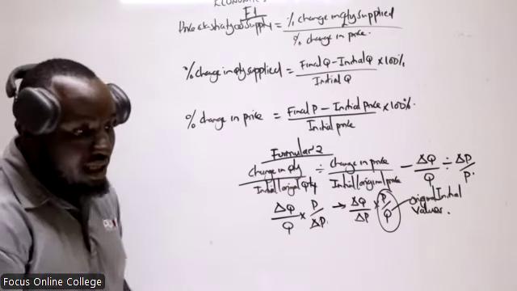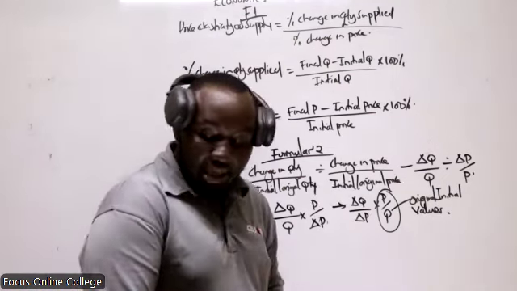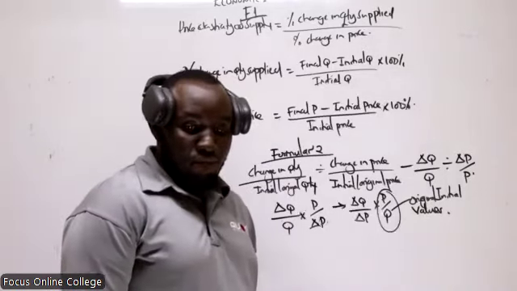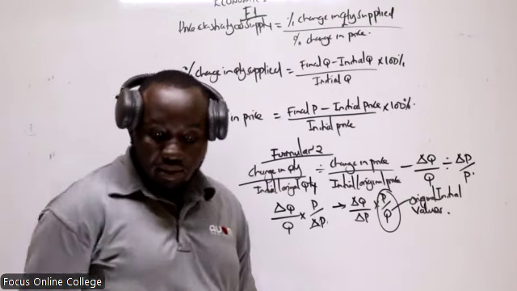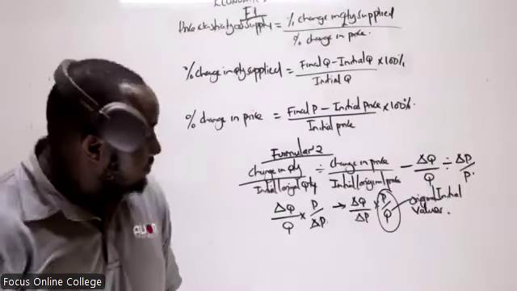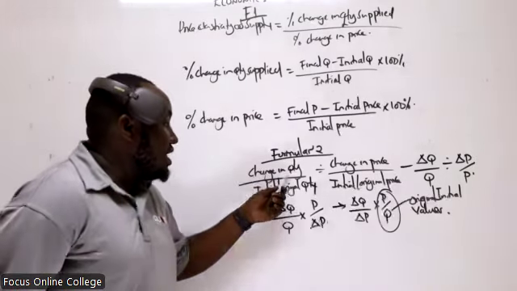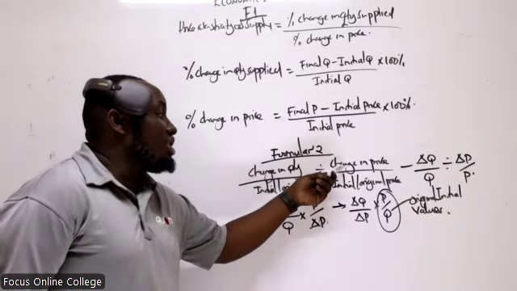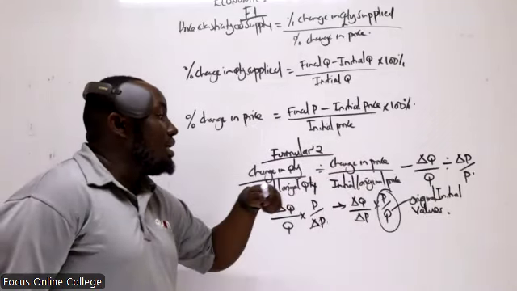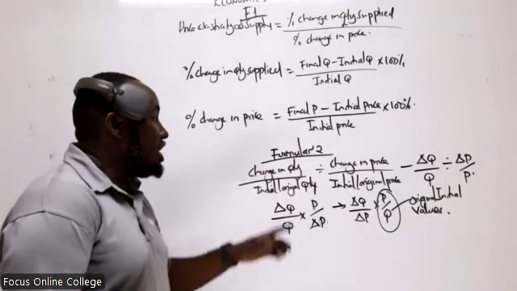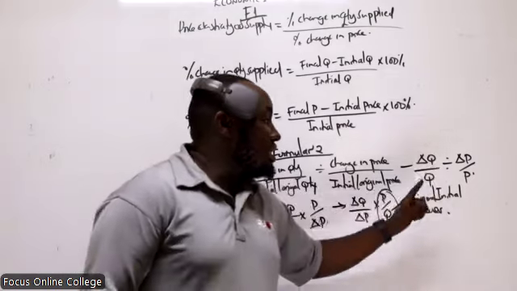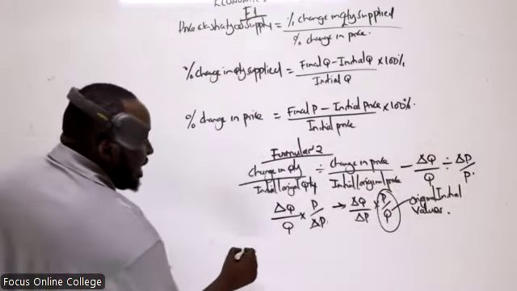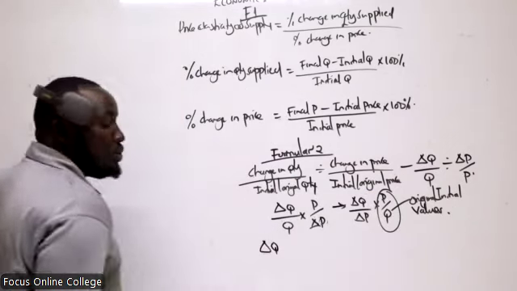Understood those two formulas? I want to go to an illustration, for example. The last one: change in quantity over original, divided by change in price over original.